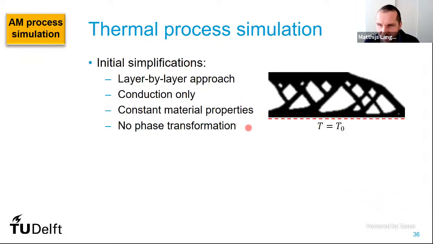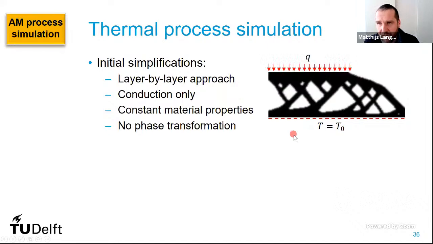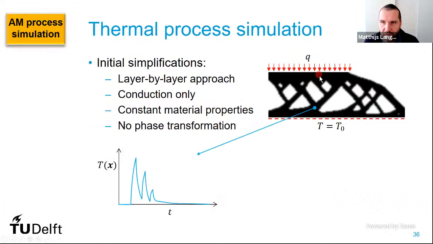So we have to simplify this further. Essentially what this model does is we have at the base plate a certain heat sink temperature, and then we apply in every step of the process a certain heat flux as it comes from the laser, all at once, the whole layer. And in that way, we generate the part. Now, if you do this, you get at each point in the part a peak in temperature where it was first deposited, and then several after-peaks as the layers above it are also deposited.